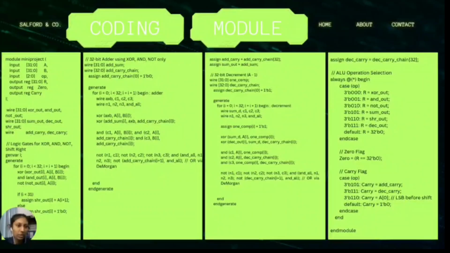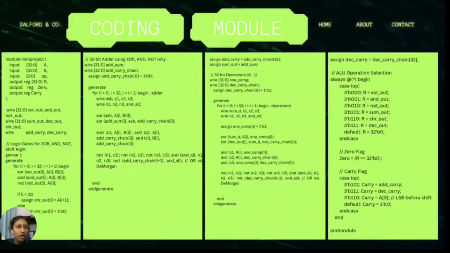Next we put in the coding for the intermediate wires. There are 32-bit wires for all the logic gate outputs, starting with XOR out, AND out, and NOT out.